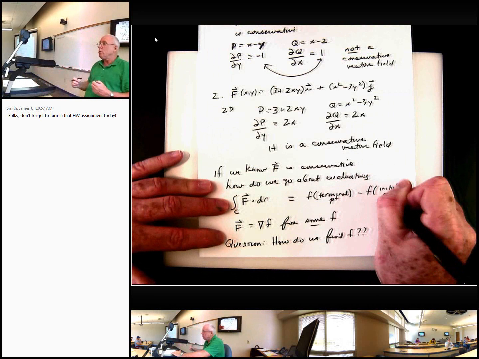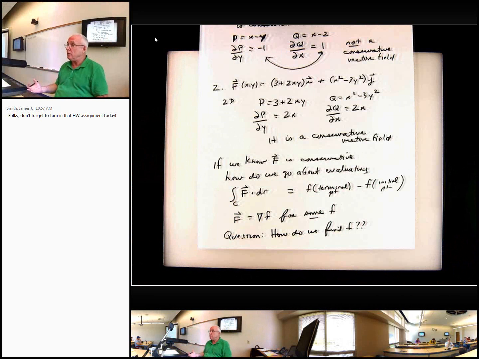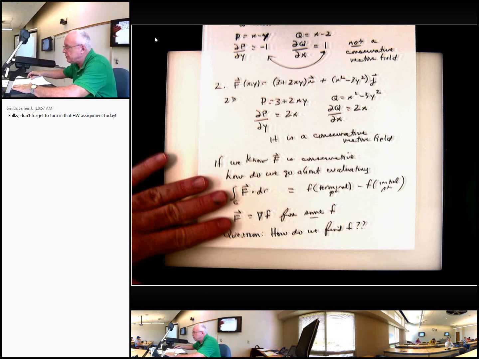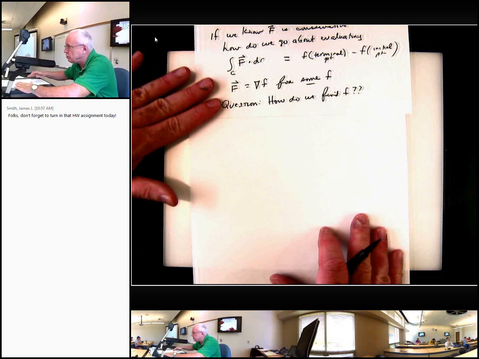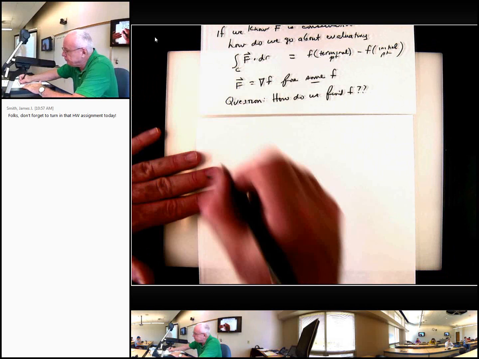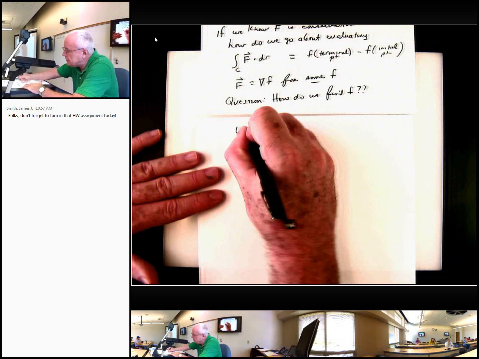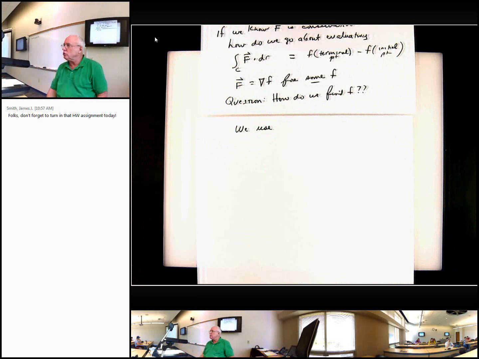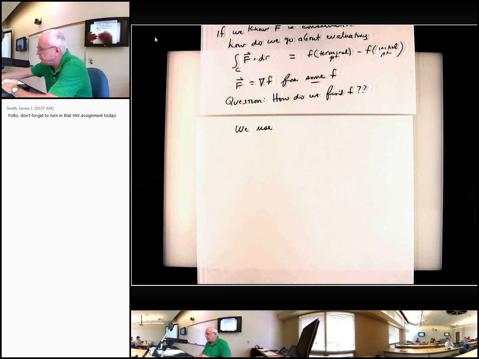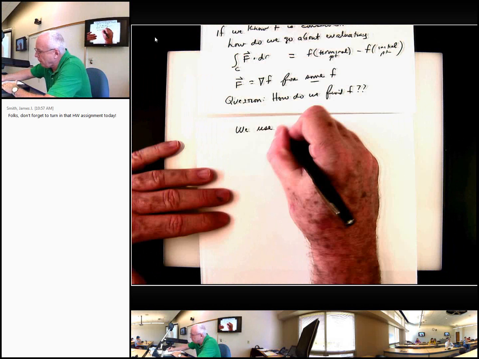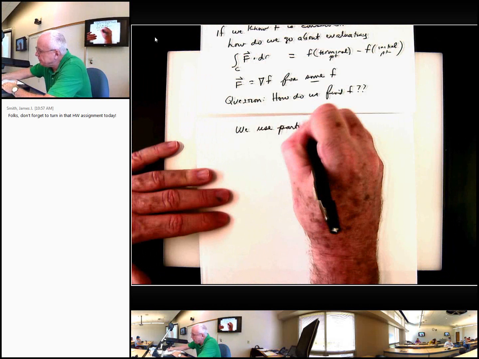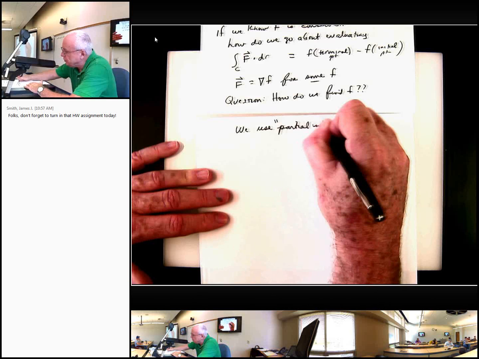So we need to know what that function is if we want to get a value for this integral. The way we do this is we do something called partial integration, which is kind of the reverse of partial derivatives. So I'll put that in quotes. We use partial integration.